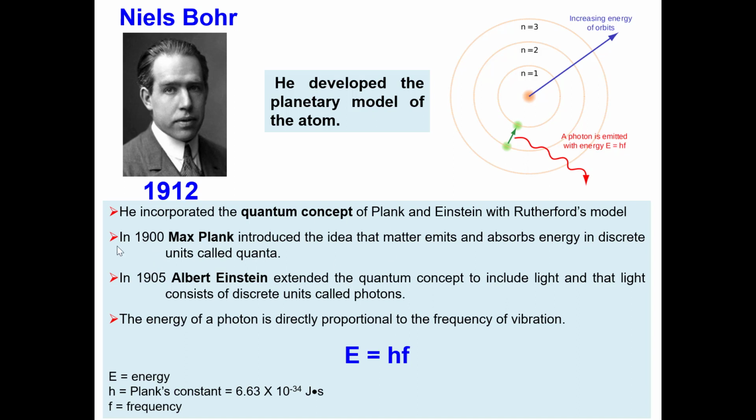Remember, we studied these two ideas in the photoelectric experiment. The energy of a photon is directly proportional to the frequency of vibration. Remember, we can calculate the energy if we multiply the Planck constant times the frequency.